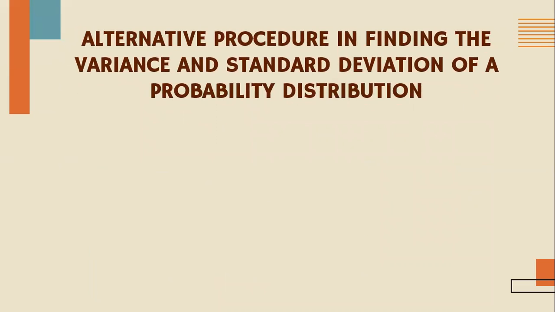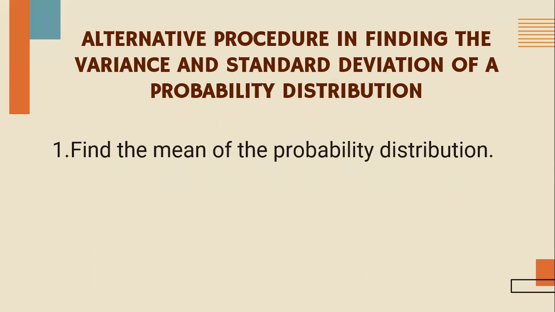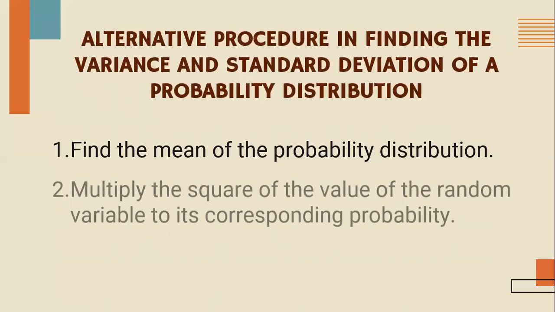So actually, we have an alternative procedure in finding the variance and standard deviation. So this is much easier. So you can use this. These are the steps. So first, we need to find the mean, of course. That's always the first step, find the mean of the probability distribution.